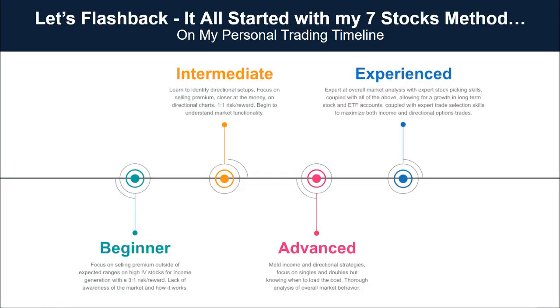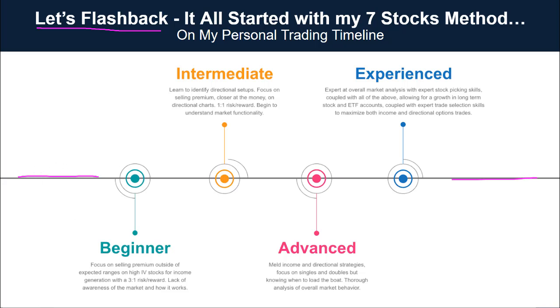So like I said, I wanted to talk a little bit about the background of this class and that starts with the flashback. So, we all have a spectrum where we start out and then depending on wherever you're at now.